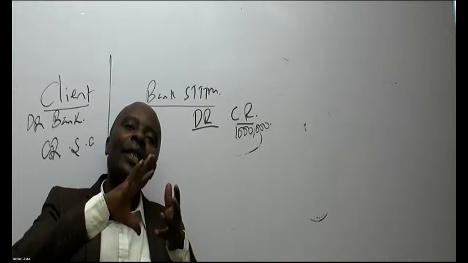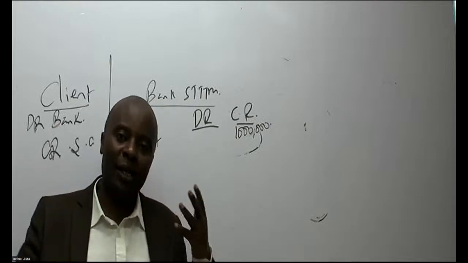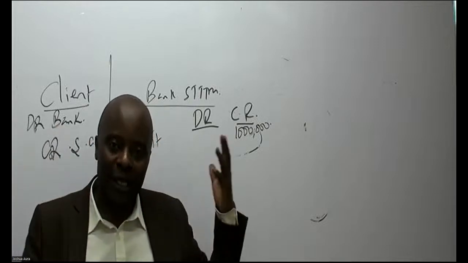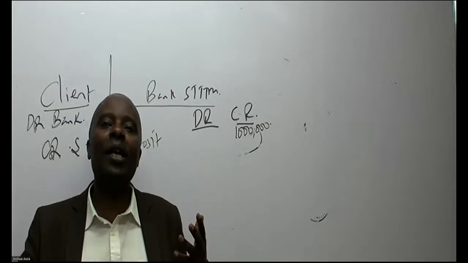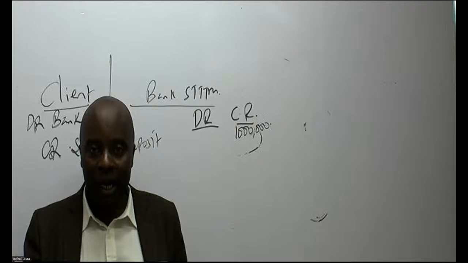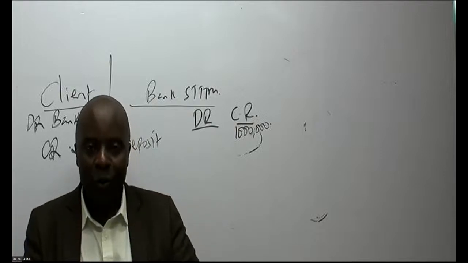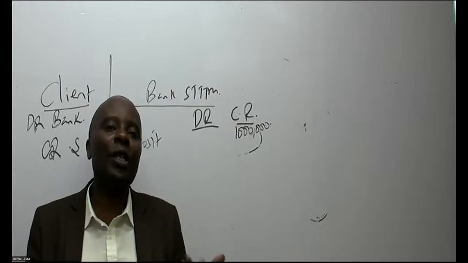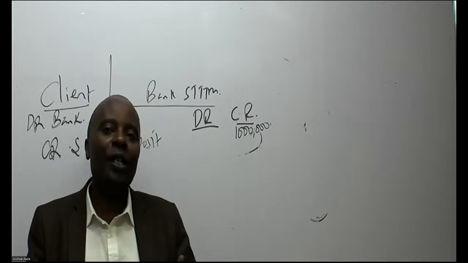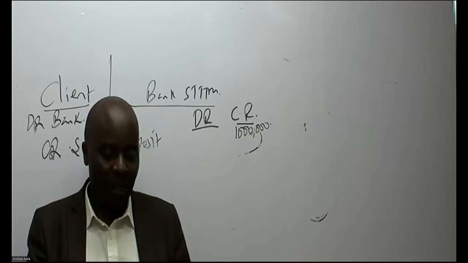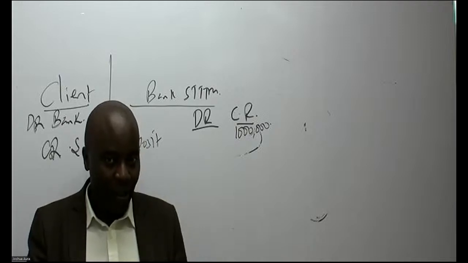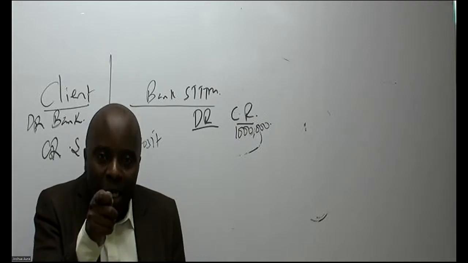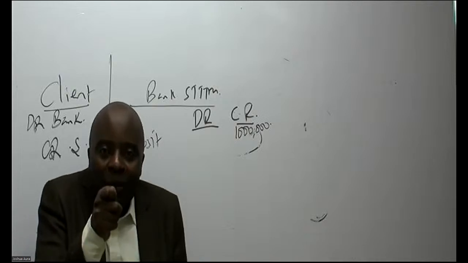But on the other side, there is a time lag, a timing difference. The bank may even take 2 or 3 days to have this money. I've lodged my check with them, but they may take 2 or 3 days to have this money transferred to my account. So these are checks that have been lodged there, but have not yet become money.